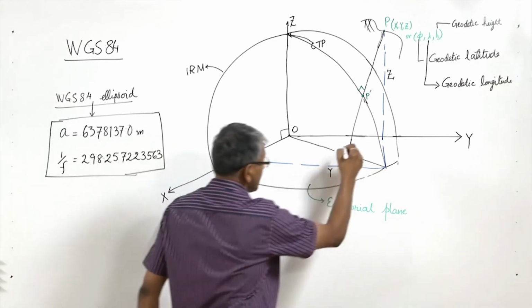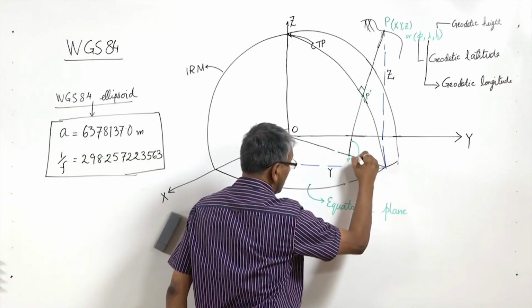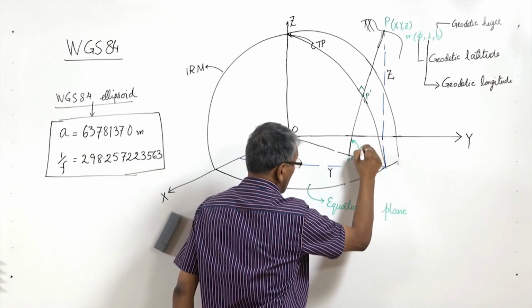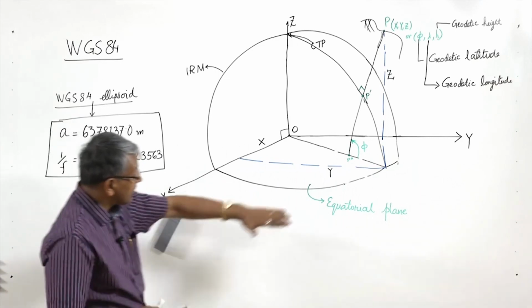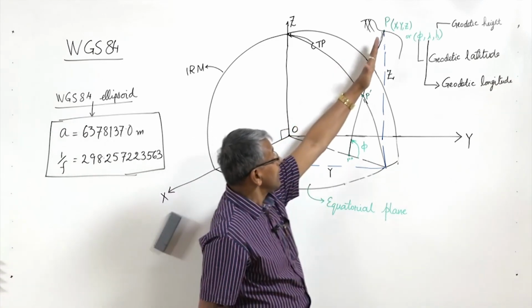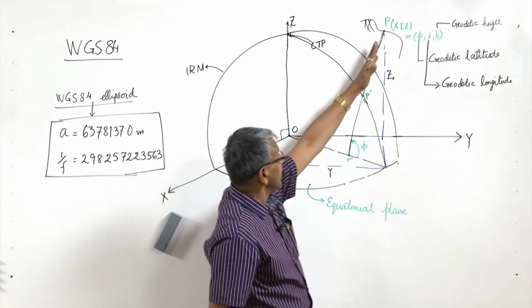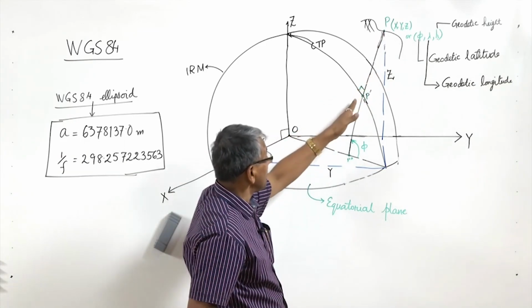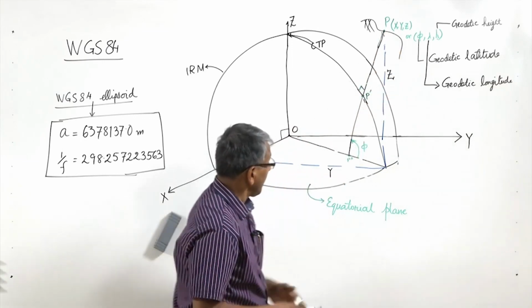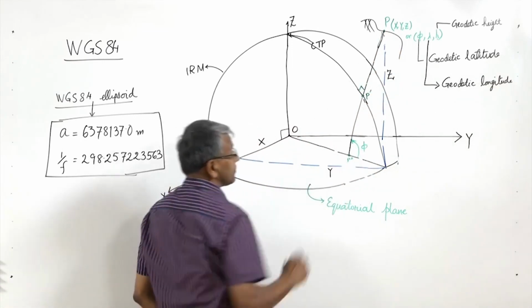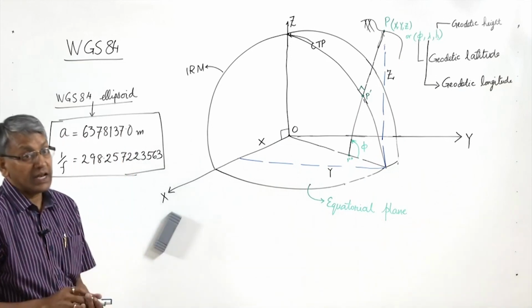Now this angle, the vertical angle between the equatorial plane and the line normal to the ellipsoidal surface passing through the point P, is known as the geodetic latitude.